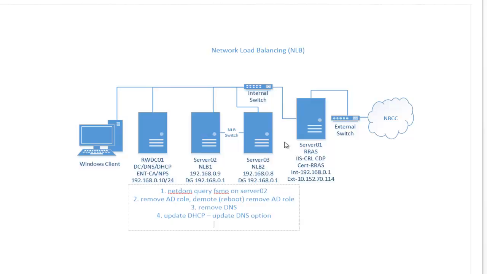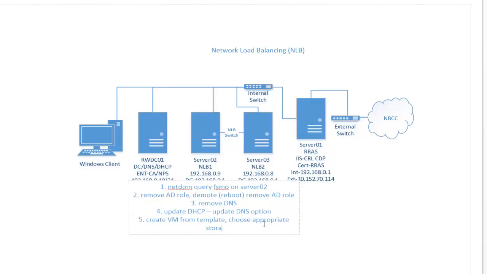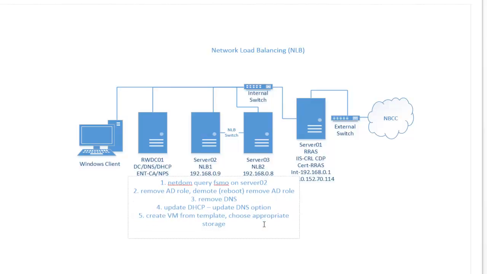But you still need server 03, so the fifth thing would be to create a VM from the template of server 2012. You'll want to check to make sure that there is storage space, so choose the appropriate storage. We're running out of storage on one of these storage arrays, but we have space on the others.